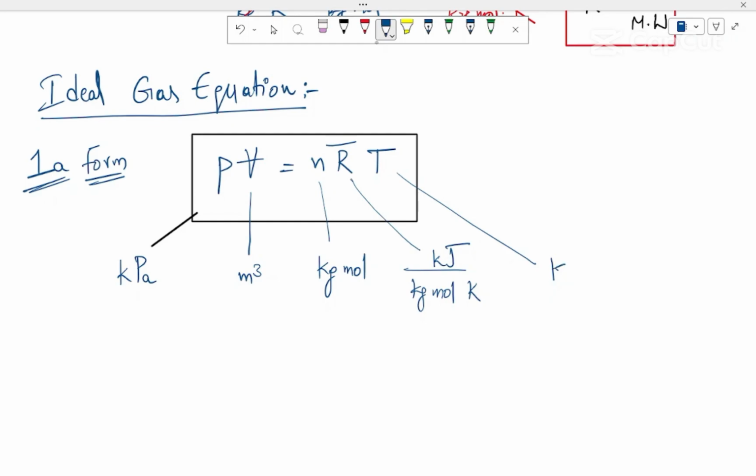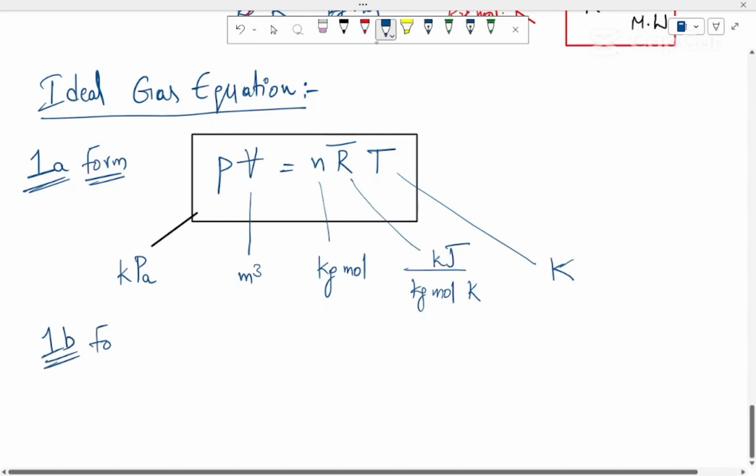This is one important form which you should understand, along with its units: PV is equal to N R bar T, taken in terms of R bar. The same expression, if I write it here, I can name it as 1B.